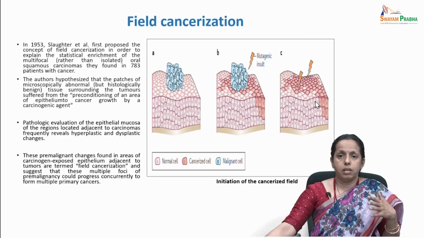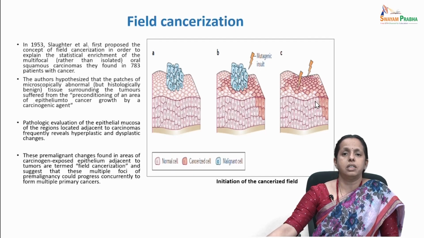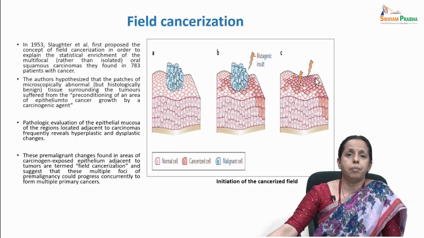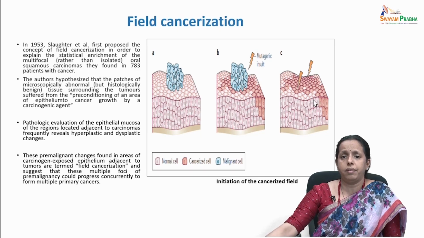The cells harboring tumorigenic mutations may appear completely abnormal morphologically, such as dysplastic, but the cells in the cancerized field will have an altered phenotype. The first thing is that they'll have increased survival.